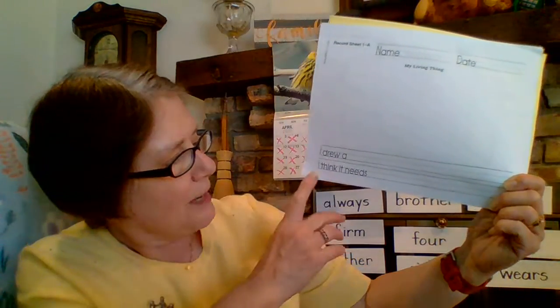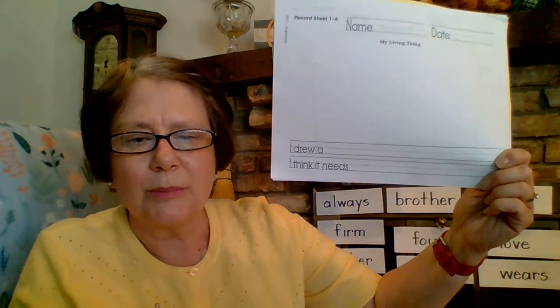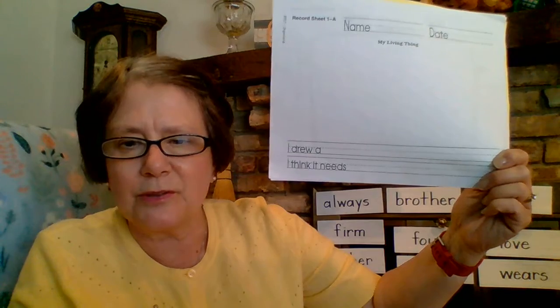I drew a bearded dragon. Now on this line it says, I think it needs. We'll talk more about this in the Zoom meeting, but we have to write down the things that Alice would need to stay alive.